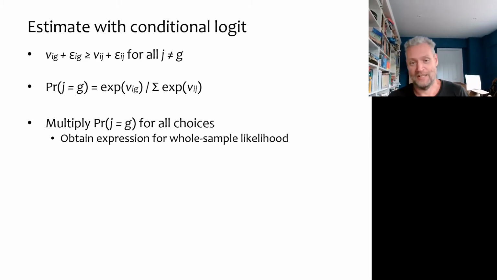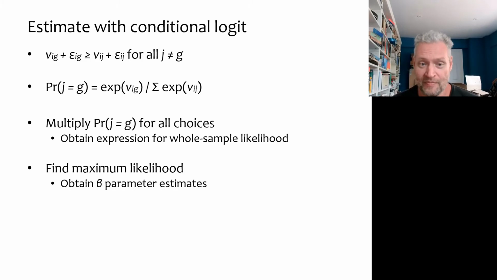So all those things go in there, and then we have an expression for the likelihood, and we do that not just for the choices of individual I, but also for the choices of individual K and individual L. And then we use maximum likelihood methods, we just obtain the entire likelihood. So now we're going to maximize that by choosing our parameters beta.